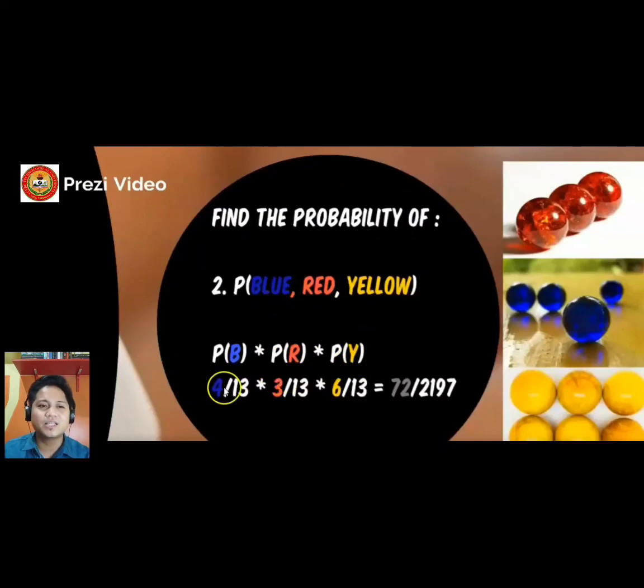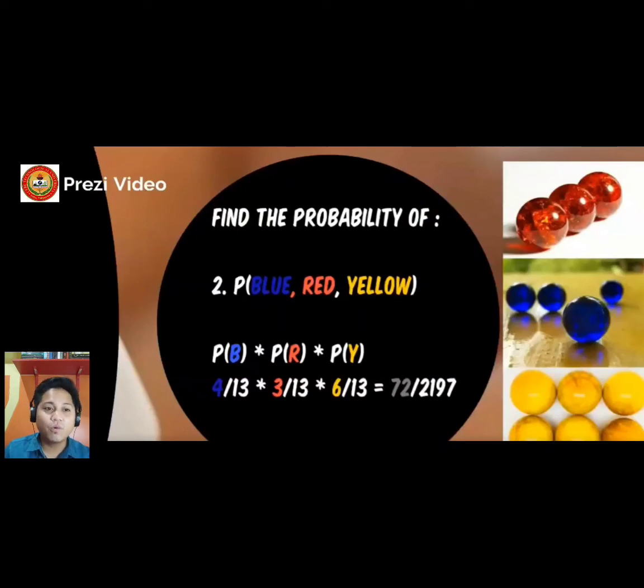So P of B times P of R times P of Y. How many blue marbles do we have? That's 4 over the total number of marbles, 13. Times the probability of getting red, 3 over 13, times yellow, 6 yellow marbles over the total of 13.